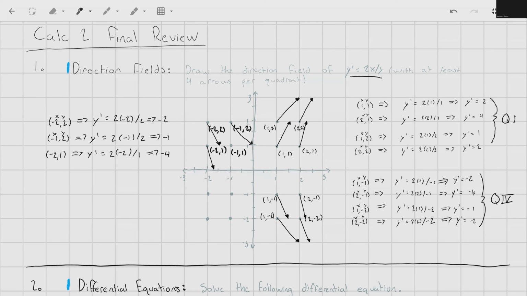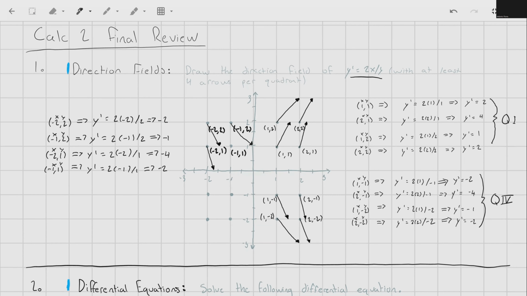The final one in quadrant 2 is -1, 1. And then that's going to turn into y prime equals 2 times -1 divided by 1. It's going to become -2.